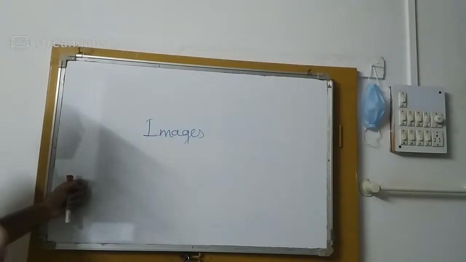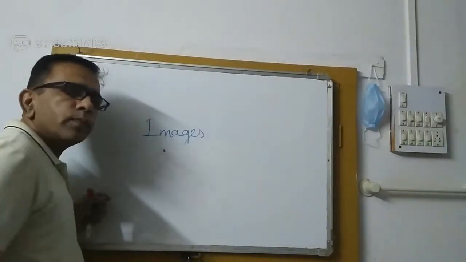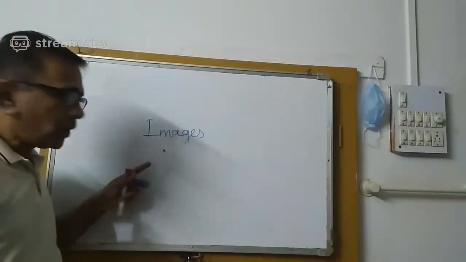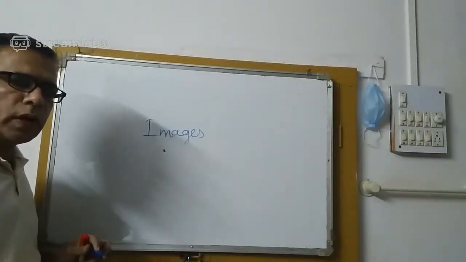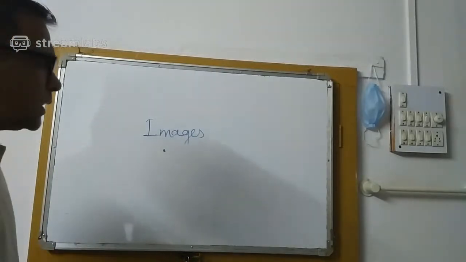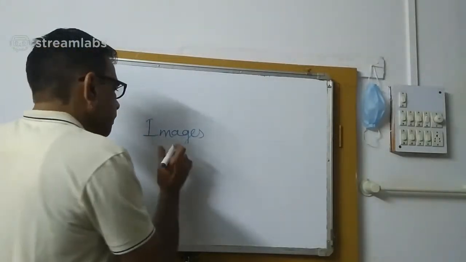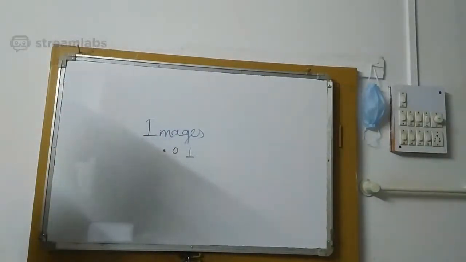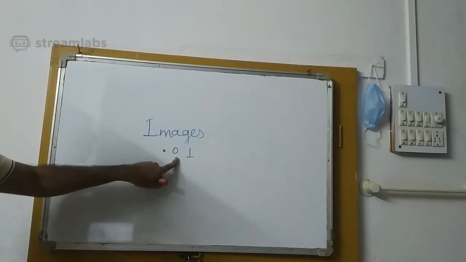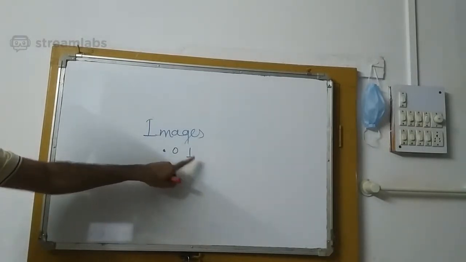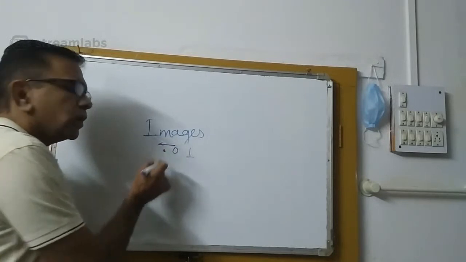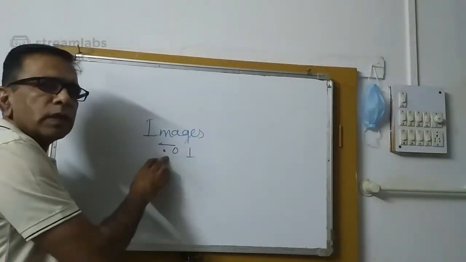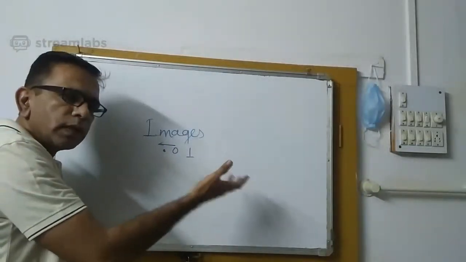And again, these pixels, depending on the kind of image, the pixel values will change. When it comes to black and white images, these will be represented by only a 1-bit pixel. Either it will be 0 or it will be 1. So for simplicity, I'll say 0 is used for representing black, 1 is used for representing white.